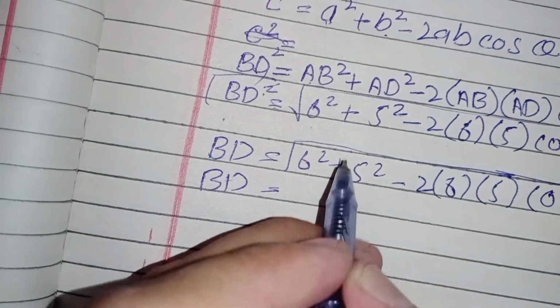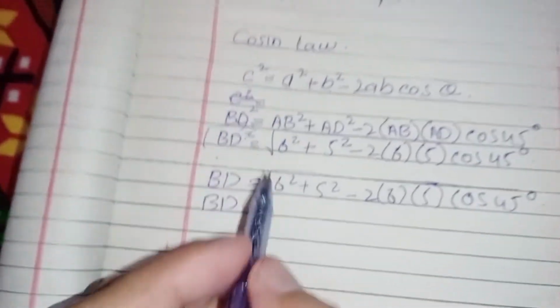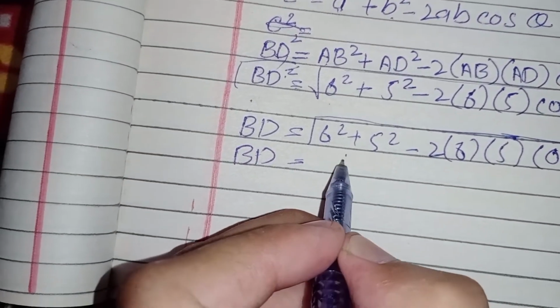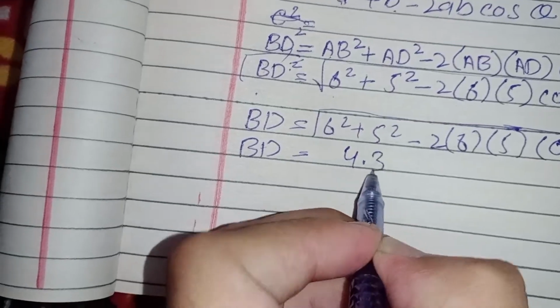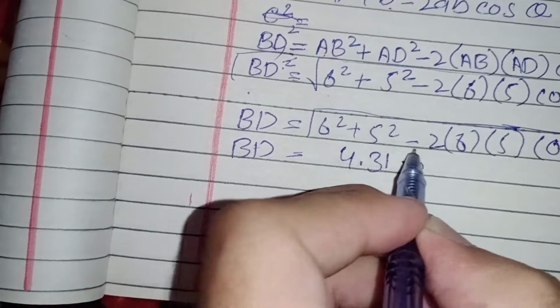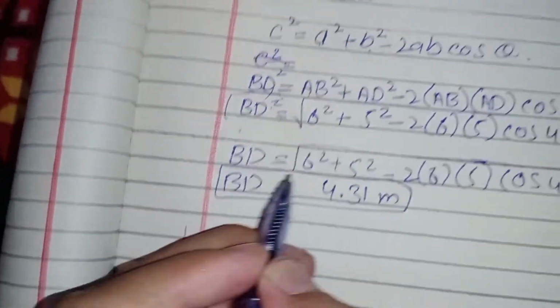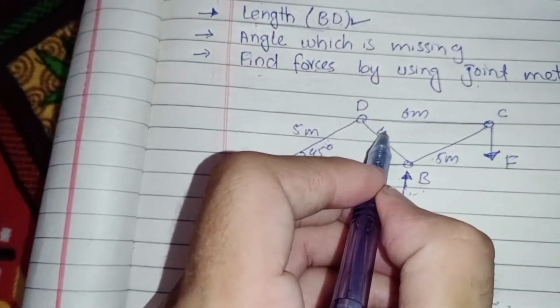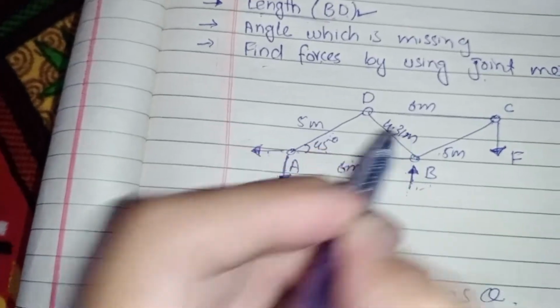BD will equal, when you calculate it, 4.31 meter. The second step is also done: 4.31 meter.